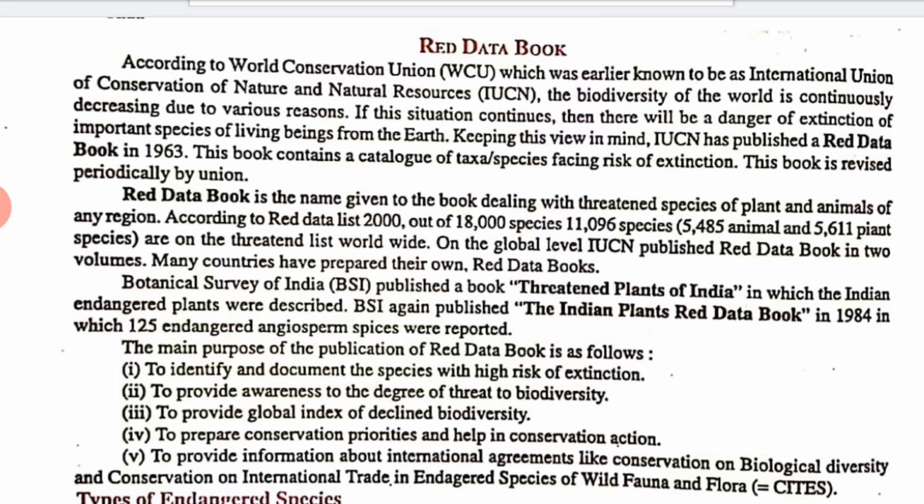In short, the Convention on International Trade in Endangered Species of wild fauna and flora is CITES, that is pronounced 'cities'.